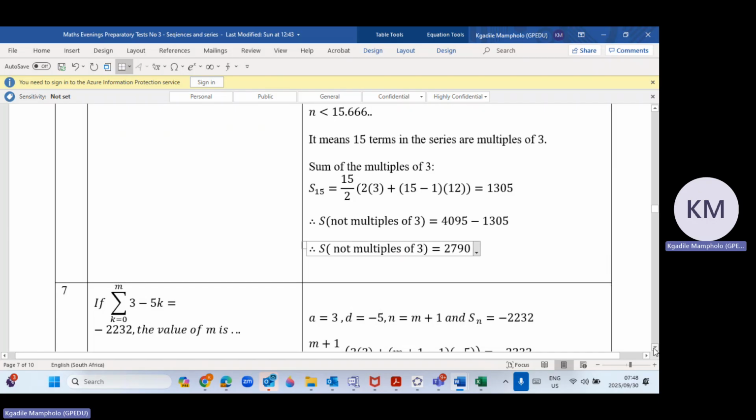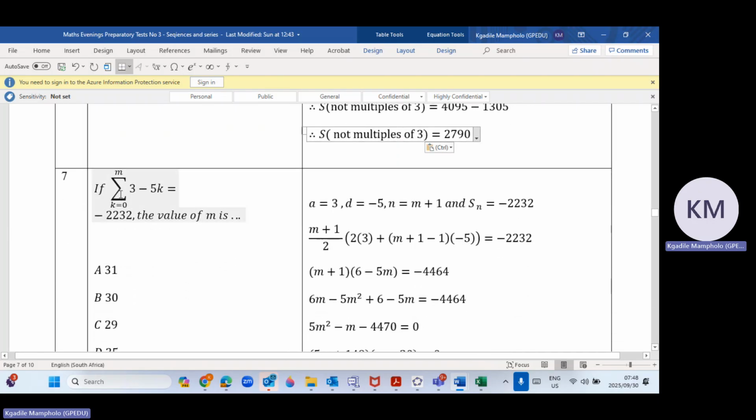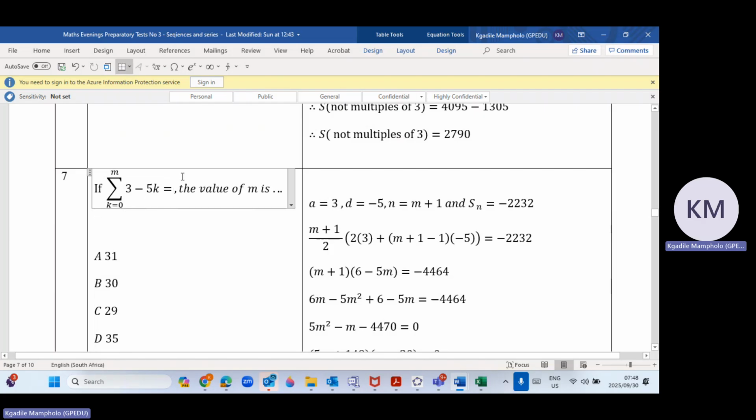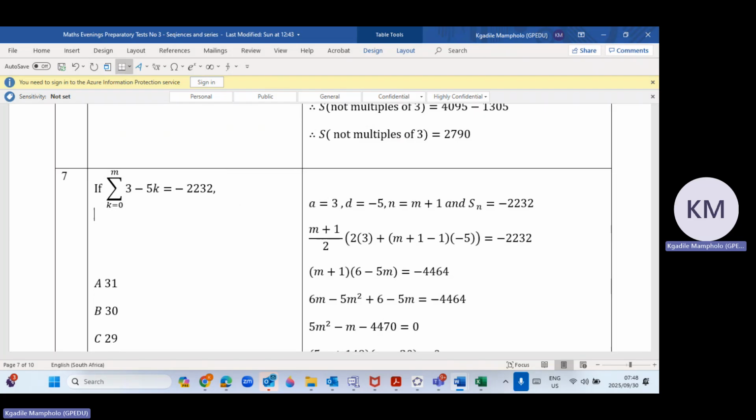Now, the next question. If you are given the series like this, remember, once you are given the sigma notation, you know that we are talking about the series.